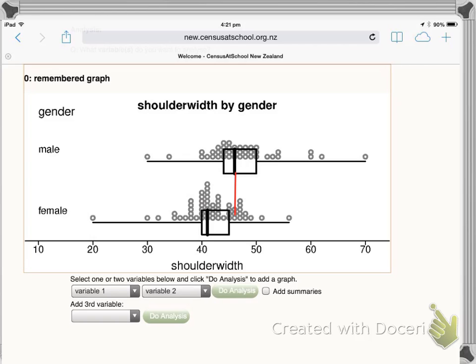Well, the median for the males falls outside the upper quartile for the females. Therefore, we don't even need to worry about our OVS 1/3 rule. We can immediately say that the males tend to have a larger shoulder width than females for the population of Year 11s in New Zealand.